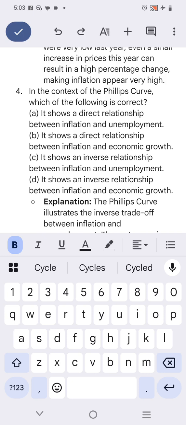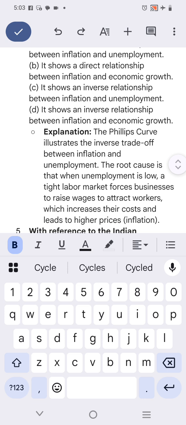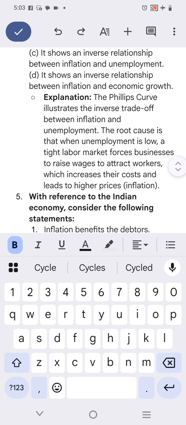Not D, inflation and economic growth; it is inflation and unemployment. So C is the right option. The Phillips curve illustrates the inverse trade-off between inflation and unemployment. The root cause is that when unemployment is low, a tight labor market forces businesses to raise wages to attract workers, which increases their costs and leads to higher prices, inflation.